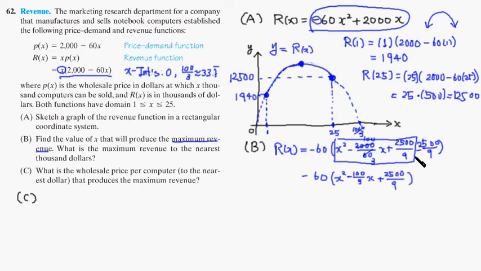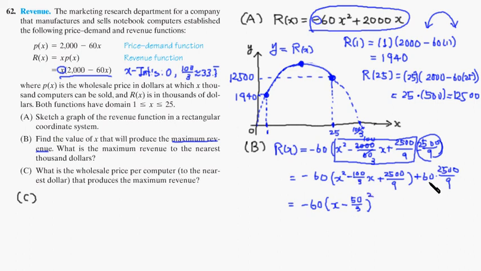Then you have this leftover term right here, so we have to multiply by 60, so it's going to be positive 60 times 2,500 over 9. Then we can rewrite it as negative 60 still there, and complete the square: x minus 50 over 3, squared, because it's half of 100 over 3. So those are the 3 terms.